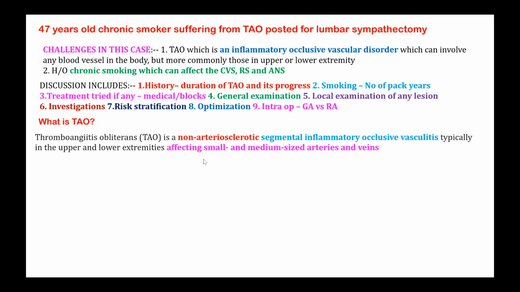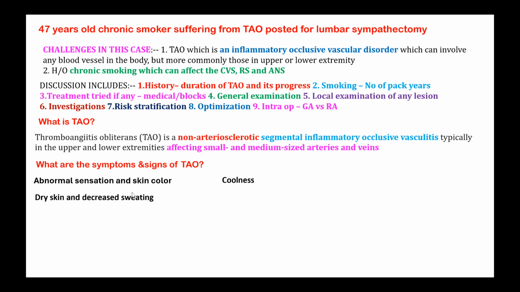Now, what is TAO? It is a non-arteriosclerotic segmental inflammatory occlusive vasculitis. It can affect both arteries and veins, small and medium size. Signs and symptoms: abnormal sensation and skin color, coolness. The periphery becomes always cold because of the lack of blood supply.